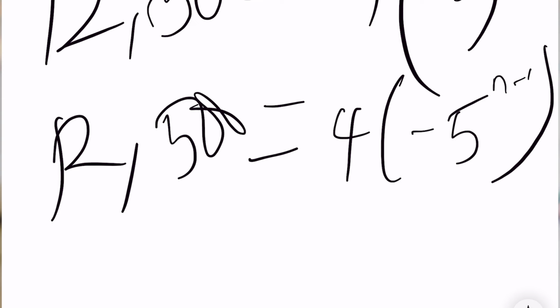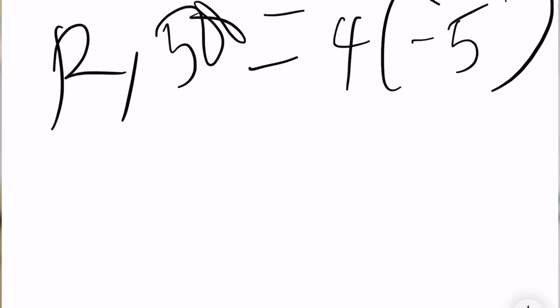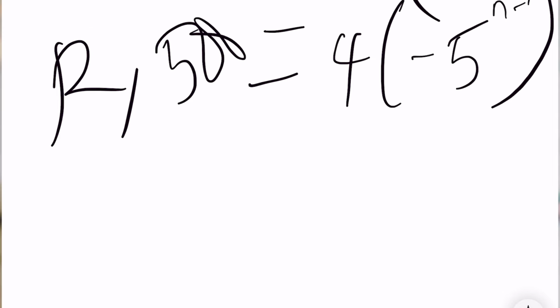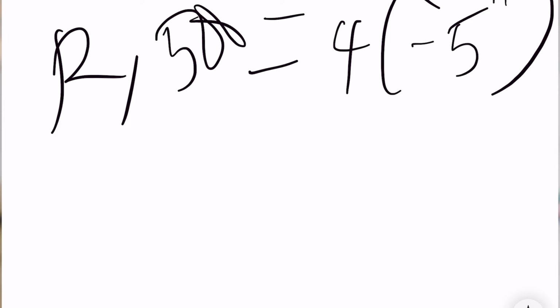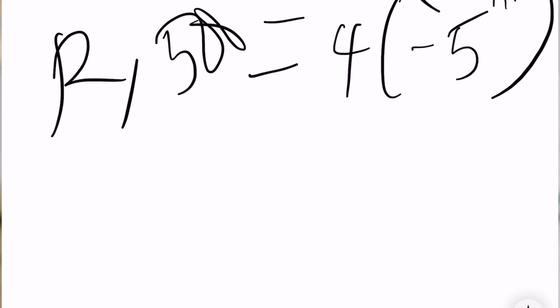So this 12,500, we can easily divide through by 4.